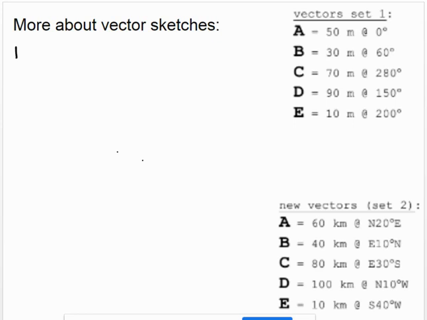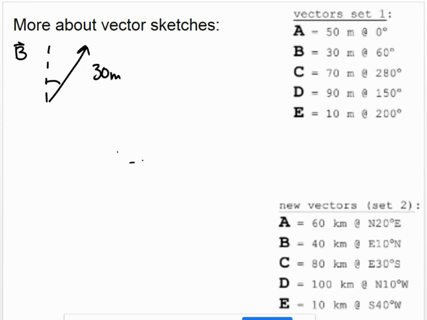Let's take a look at vector B, which is at 60 degrees. 60 degrees is closest to north, so notice I'm going to draw my north axis or positive y-axis there. I'm going to draw my 30 meters vector there.